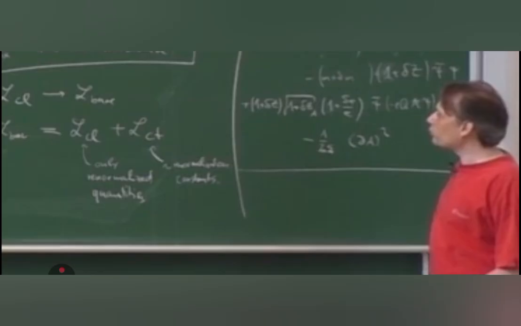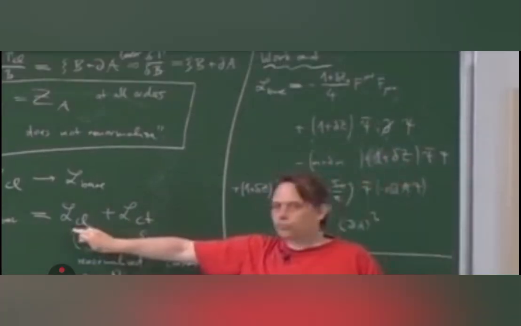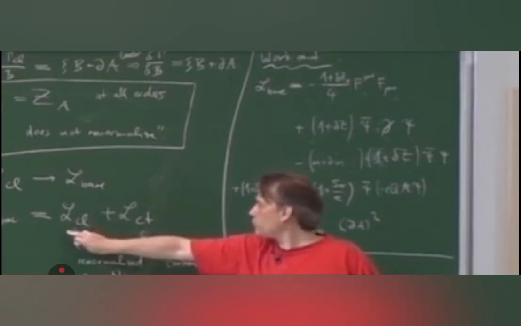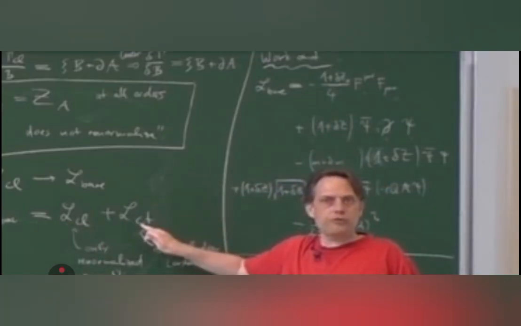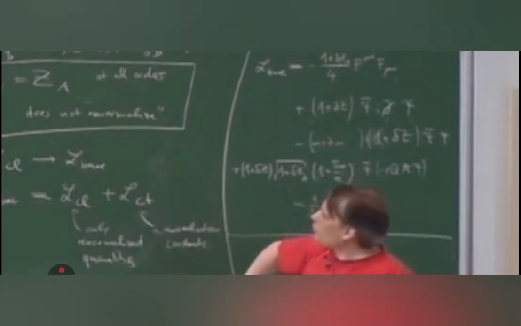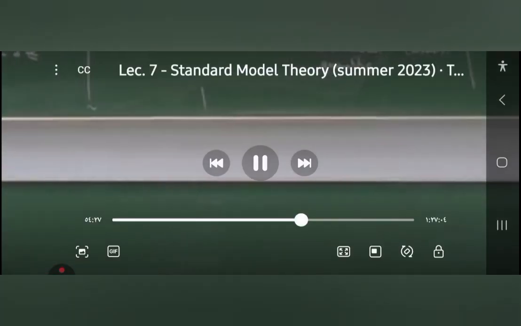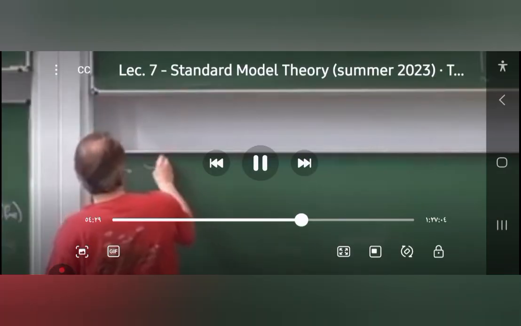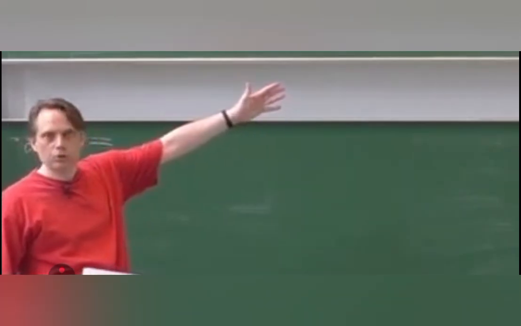And so you see now that this bare Lagrangian can be written like a sum of terms without the renormalization constants plus the rest. And so let us do that. So then we obtain what is called the counter term Lagrangian, which is simply the part where we remove the one without renormalization constants.